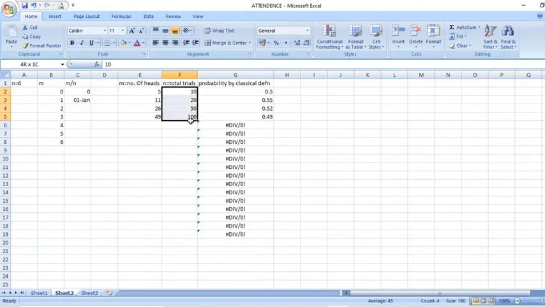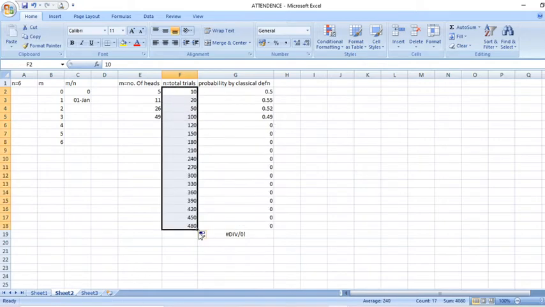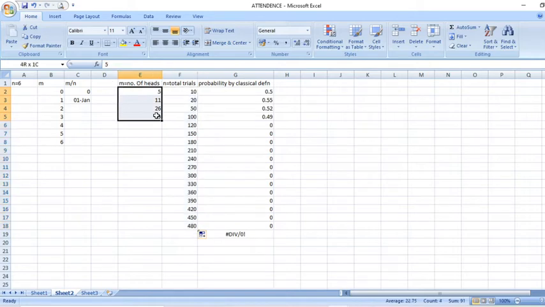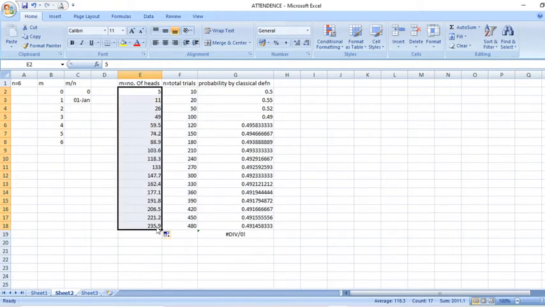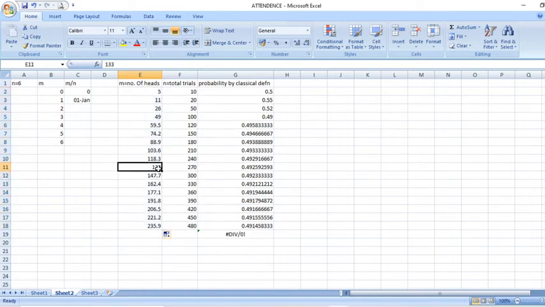So if you continue the procedure up to some point, you can avoid the fraction and round it: 148, then 163, 177, 191, 206, 221, 236.